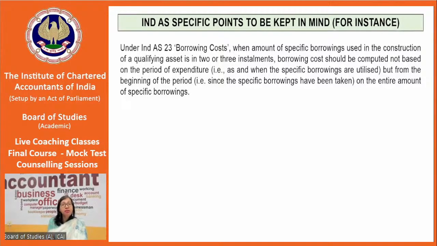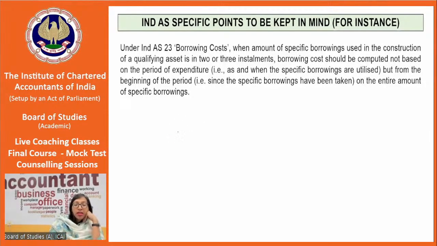However, in case of specific borrowing, you do not have to take out the amount spent on the construction of that qualifying asset. I'm trying to explain with the help of an example. I'll also let you know the similar question in the study material, which is a comprehensive question, in fact. Before that, let me explain with an example.